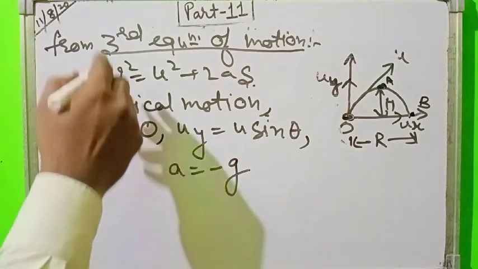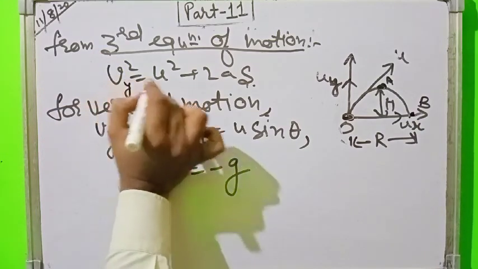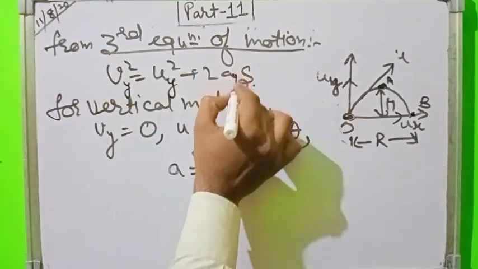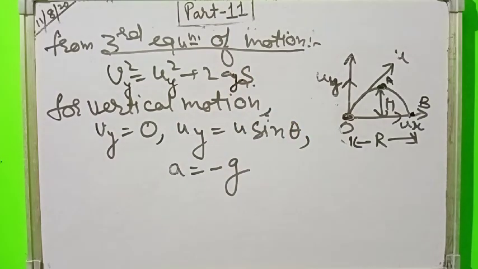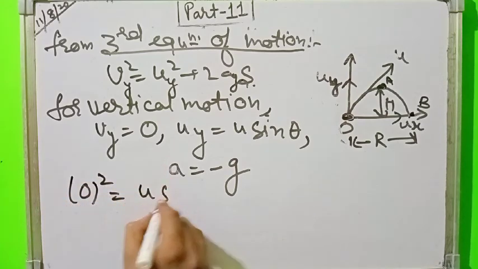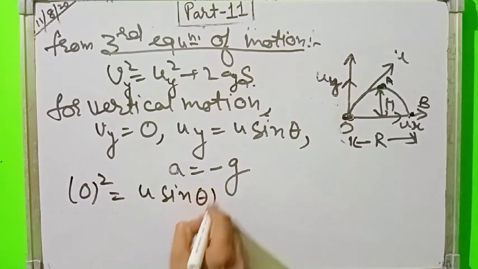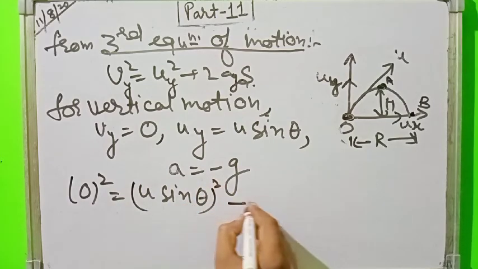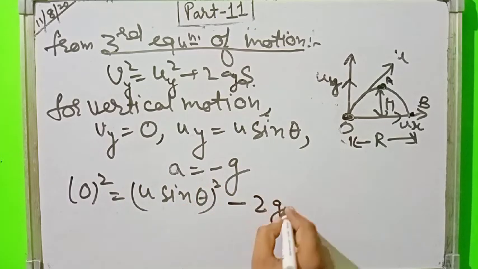So putting these values, since we are talking about the vertical motion, 0 square is equal to u sin theta square minus 2gs.